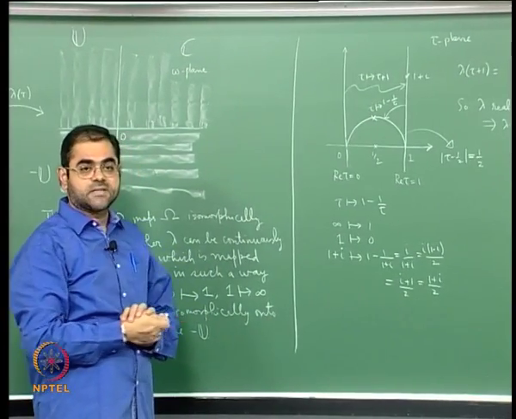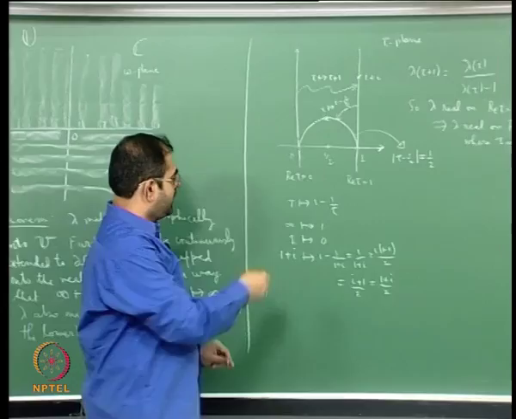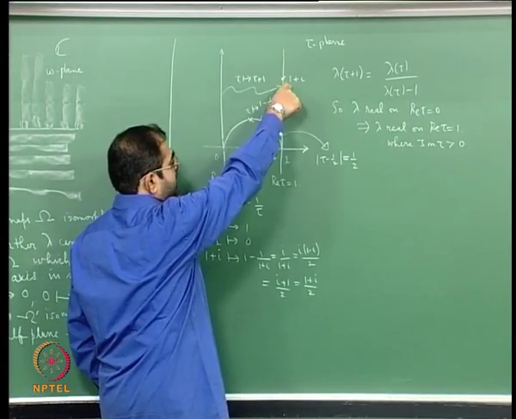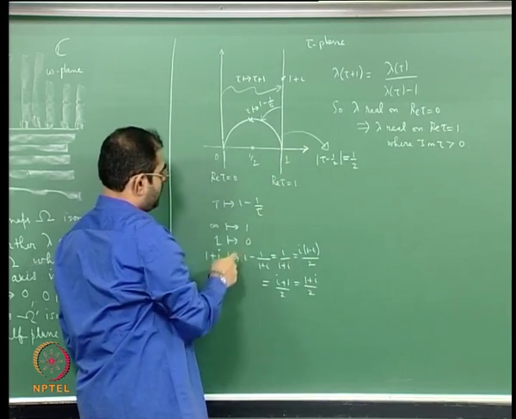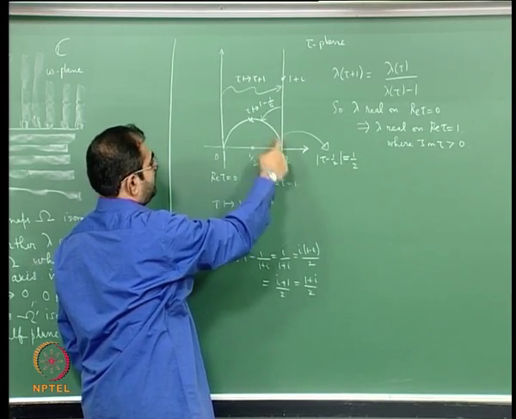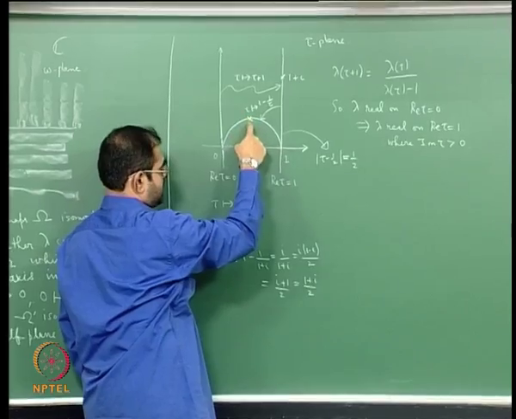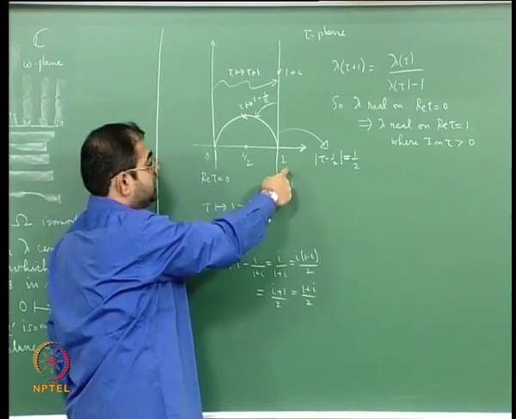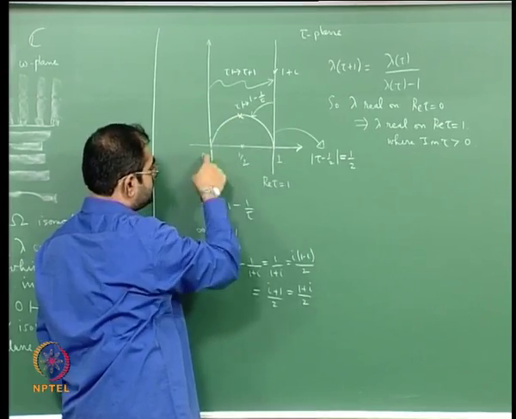It is half plus i by 2. So you see this Mobius transformation maps infinity, 1 plus i, 1 in that order to 1, 1 plus i by 2, 0.